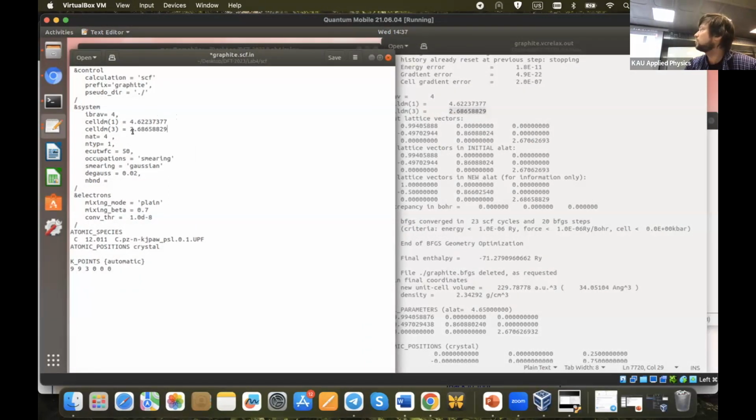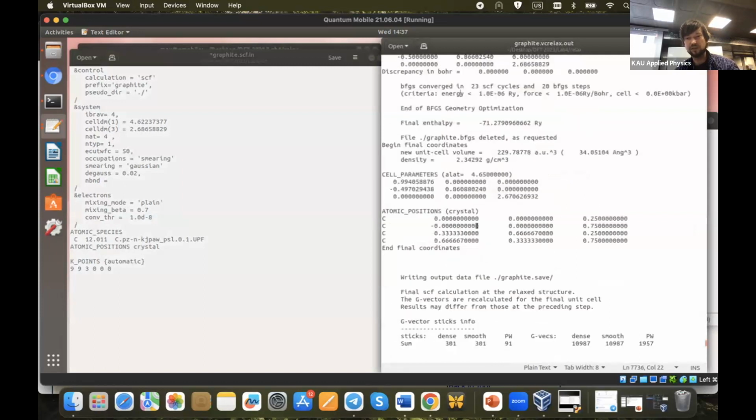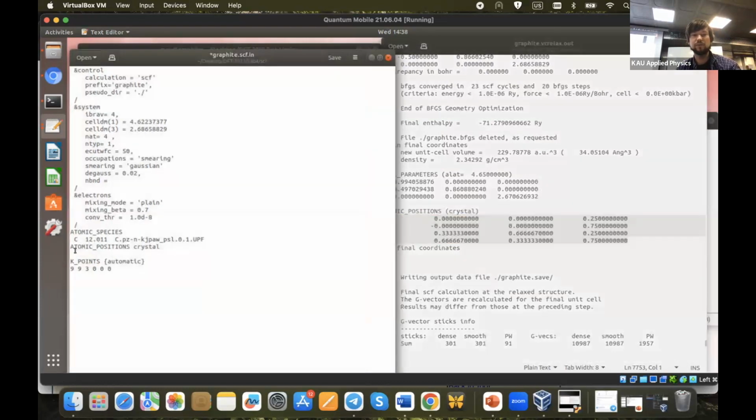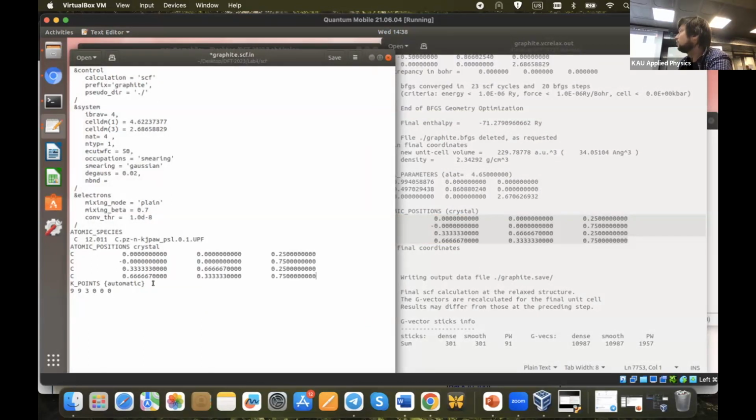But cell DM3 changed a lot. It was 315. Now we have 268. That's the usual problem. And atomic positions we can just copy, for example, from here. New atomic positions are the same as atomic positions in relaxation, but the only reason they are the same is because we haven't any forces. If we have some forces acting on atoms, it means that atoms are located in non-optimal positions, and they will change. Here they haven't changed.